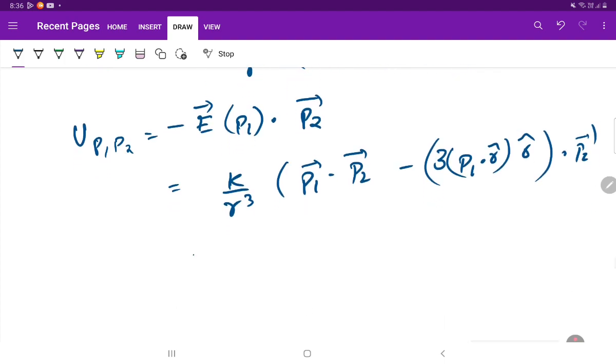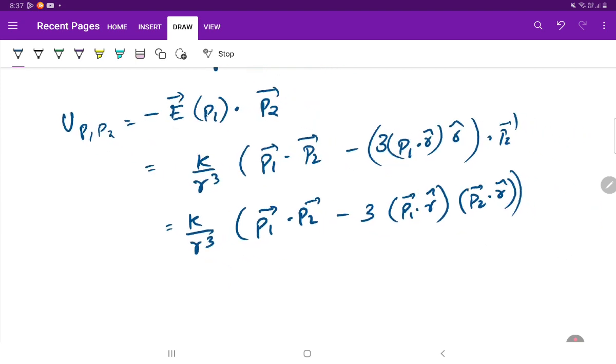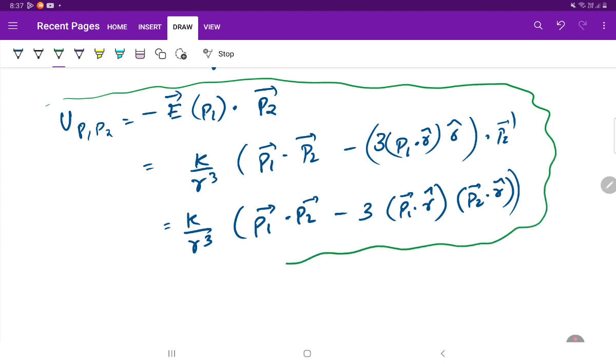Hence my final answer will come out to be k by r cube, p1 dot p2 minus 3 p1 dot r cap into p2 dot r cap, and that's the final answer. So this is somewhat an interesting and nice formula.